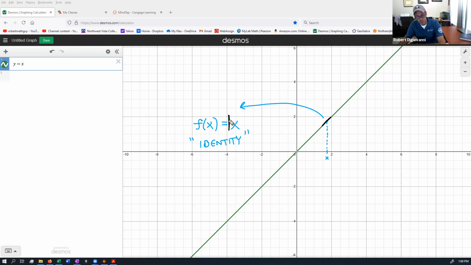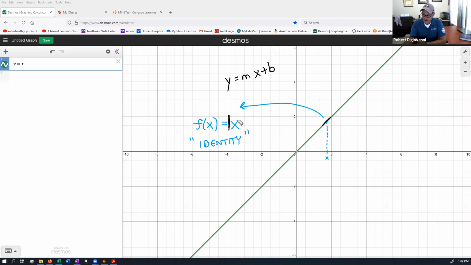You can tell because there's a 1 in front of that x. So it looks like y equals mx plus b. If the number in front of the x is a 1, then the slope is 1. Therefore, visually, I can show you that the derivative of x by itself is 1.